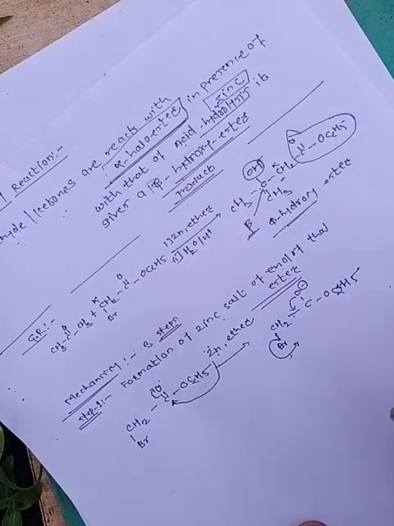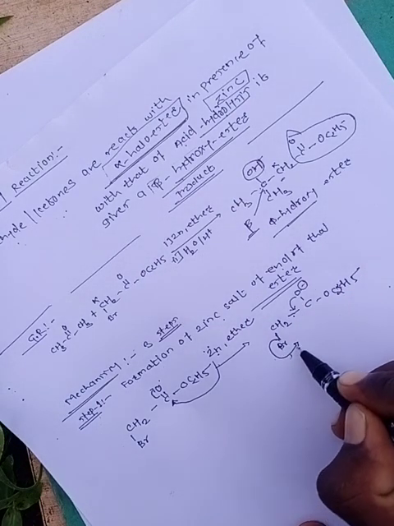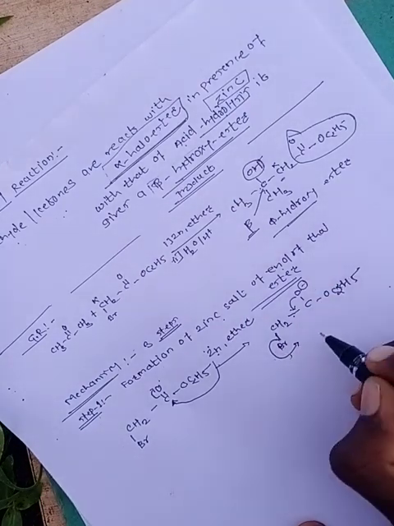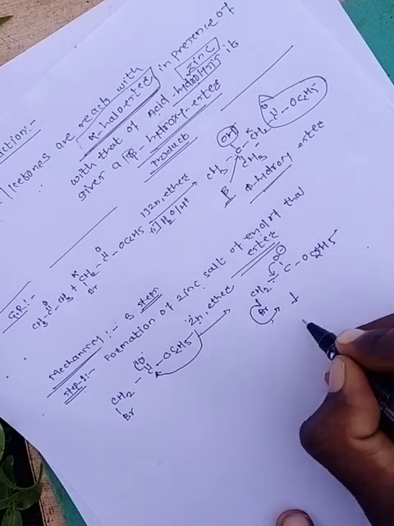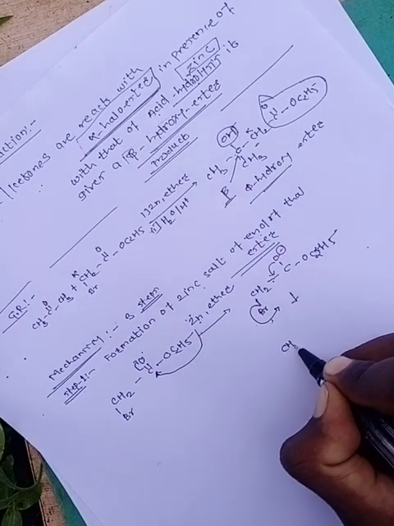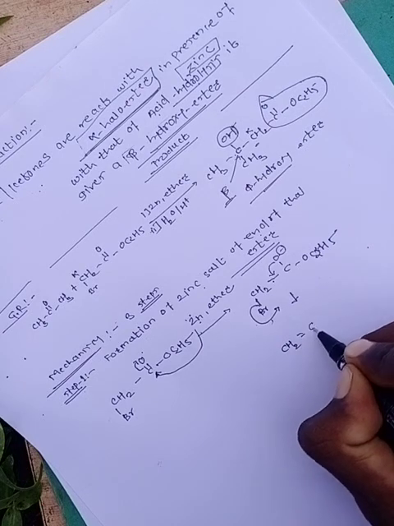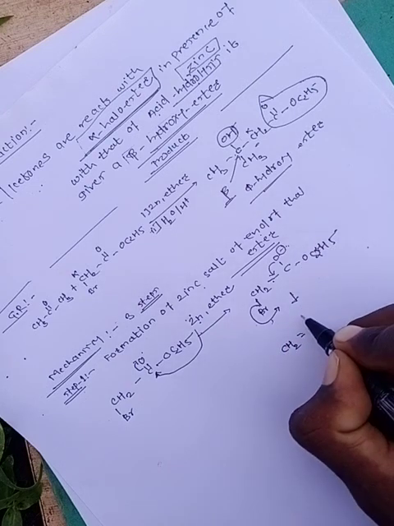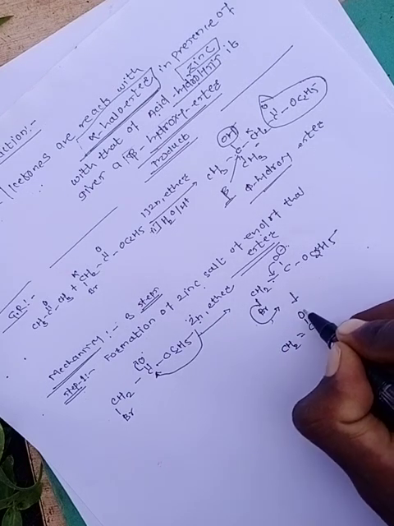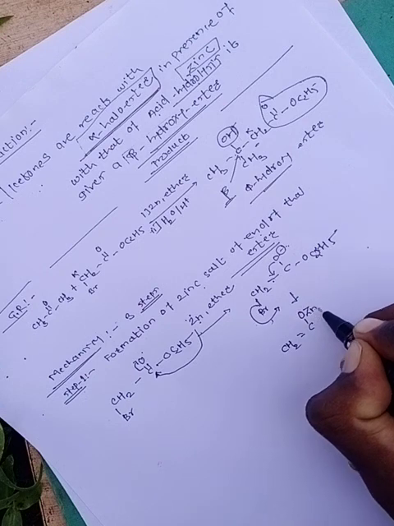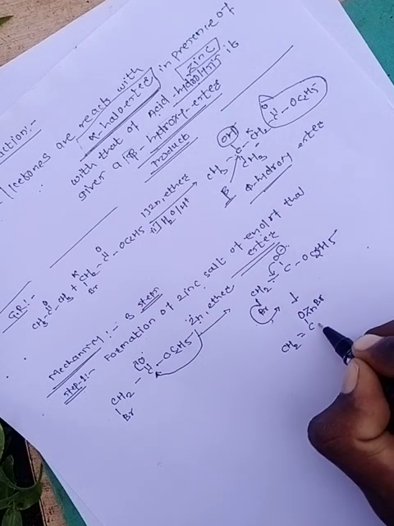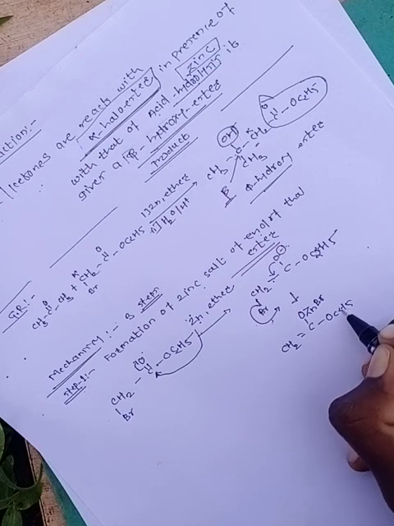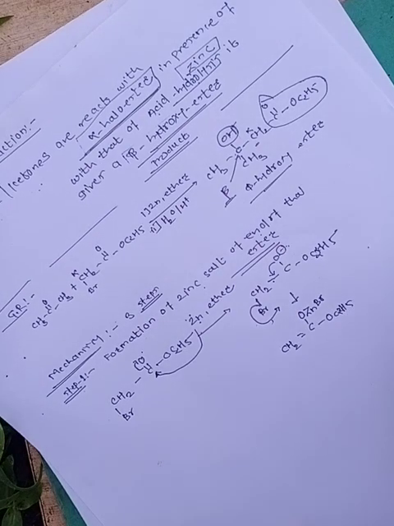Finally our zinc salt is CH2 double bond C, and here Zn and Br are attached to the oxygen, and the remaining part is as it is, OC2H5.